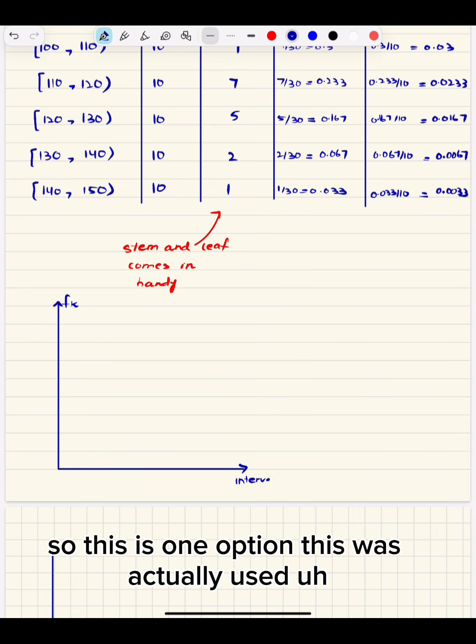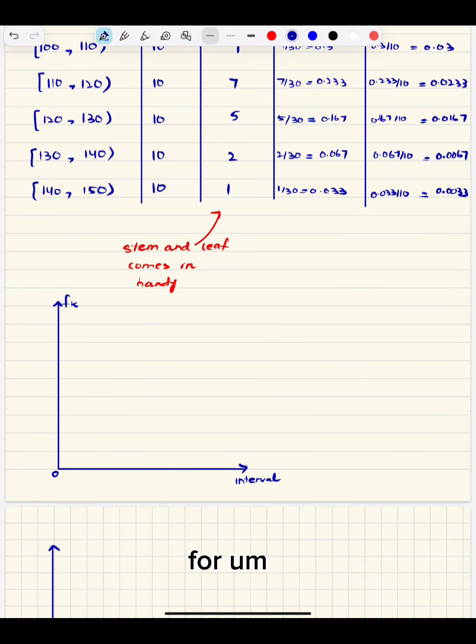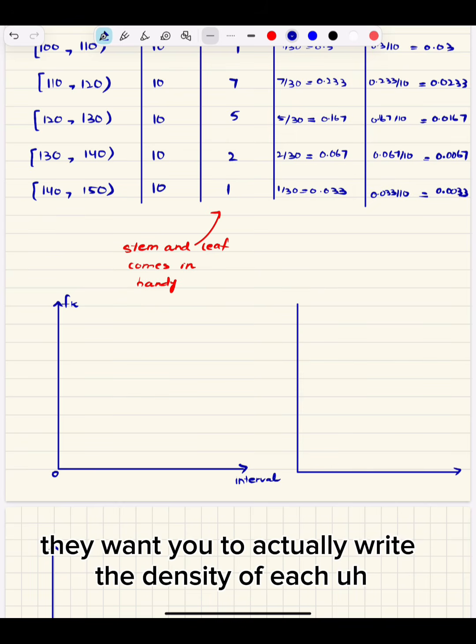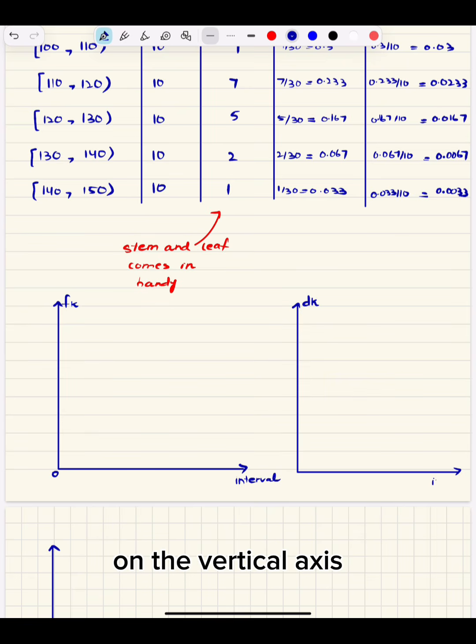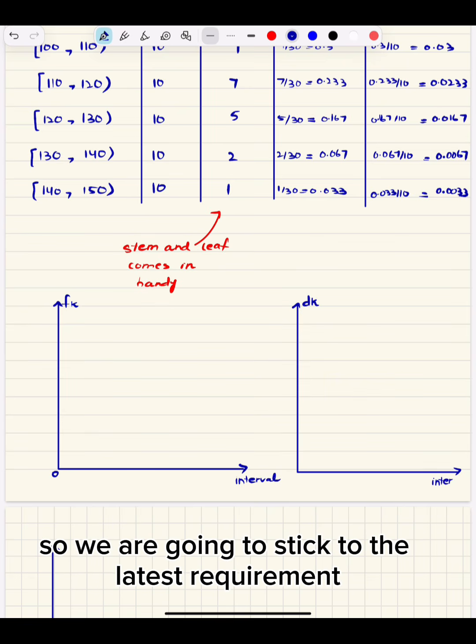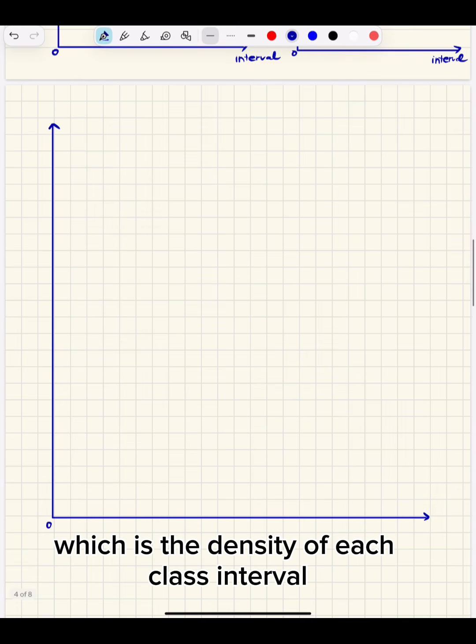This was actually used in previous S1 exams. This is what was required, but lately they want you to actually write the density of each on the vertical axis. So we are going to stick to the latest requirement, which is the density of each class interval.